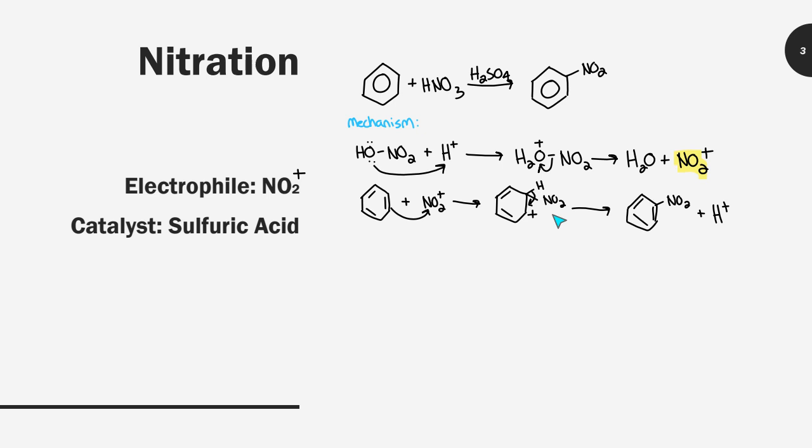To neutralize that positive charge and reform that double bond, this CH bond will break, and the bonding electrons from that bond will go to reform the double bond here, which will get rid of the positive charge and then reform H+, which was our catalyst from sulfuric acid. You can also write this using the whole structure of sulfuric acid, but it is a bit easier just to use the H+. All good there? Questions?